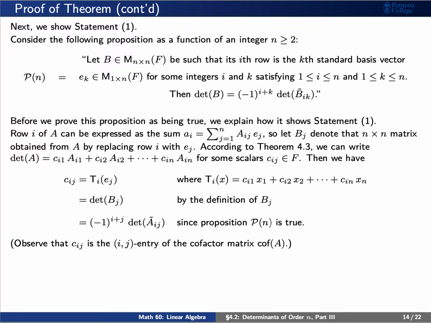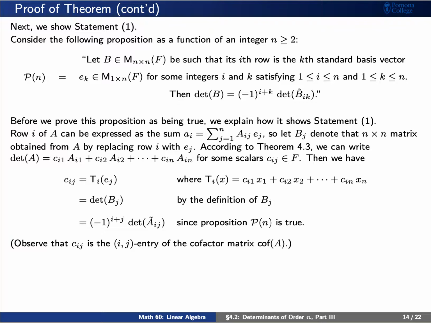Again, B sub j is that n by n matrix obtained by replacing row I with the standard basis vector E sub j. But now, the proposition above, assuming that is true, says that the determinant of B sub j is (-1)^(I+j) times the determinant of B sub ij tilde.